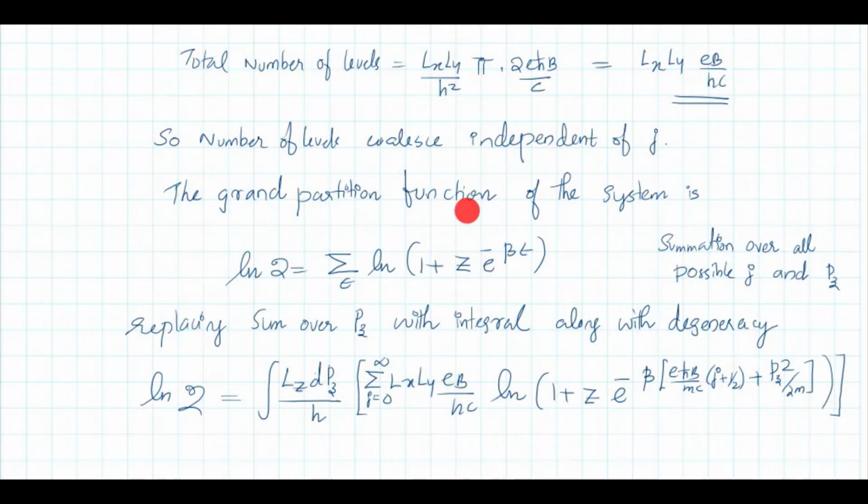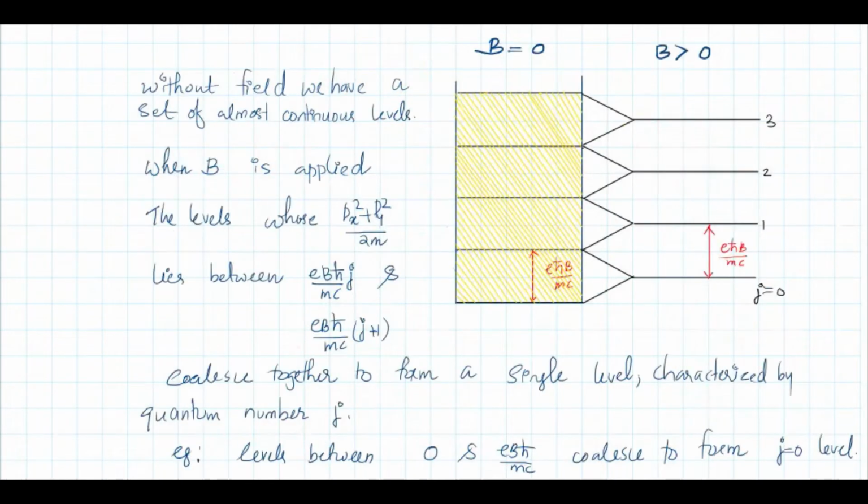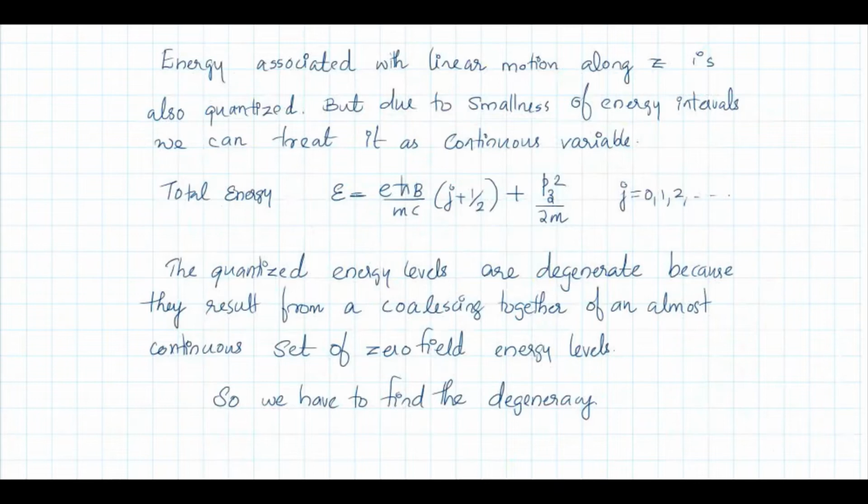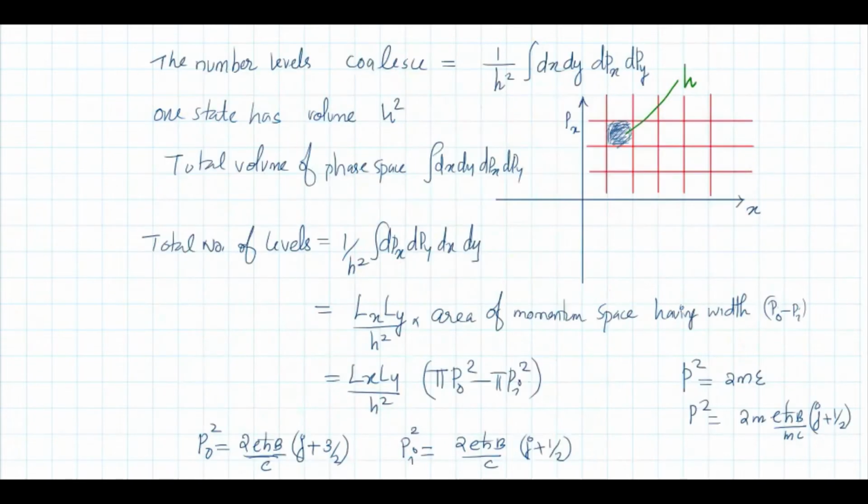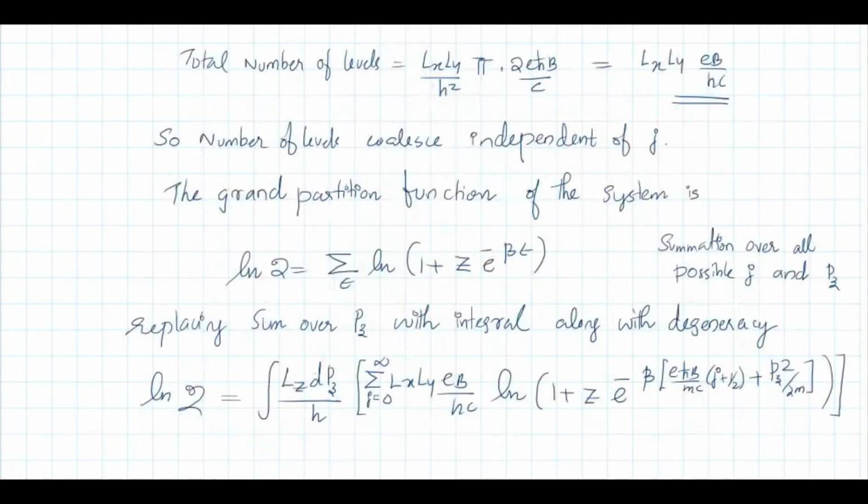Now we are going to calculate the grand partition function of the system. It is log theta equal to sigma log 1 plus z e raised to minus beta E, where E is the energy of the system, and this energy depends on j as well as pz. So you have to sum over various values of j as well as various values of pz.